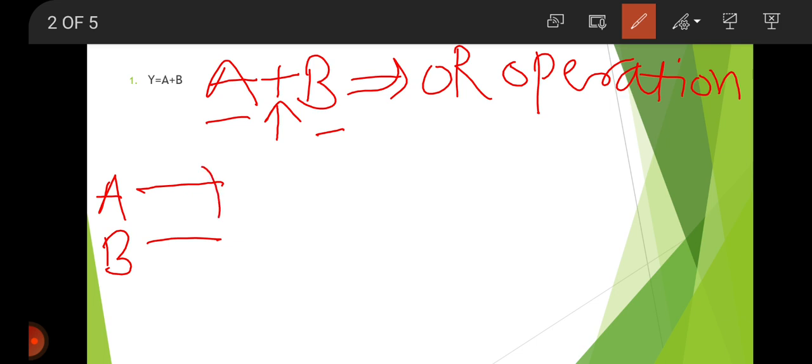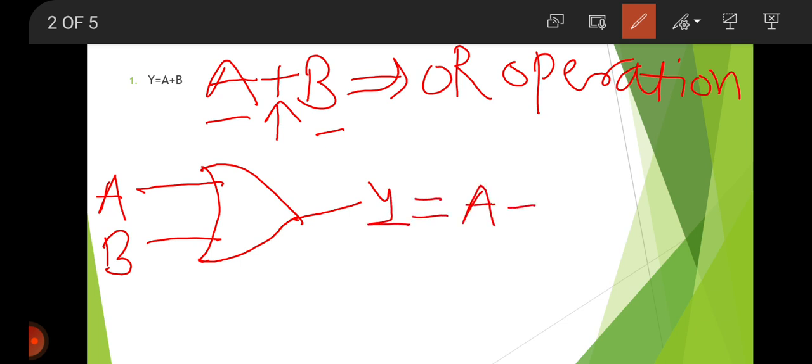Simply this is the OR gate. This is our output, Y = A + B. So this is the logic circuit for the Boolean expression Y = A + B.